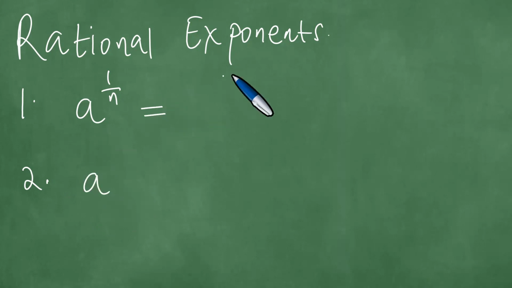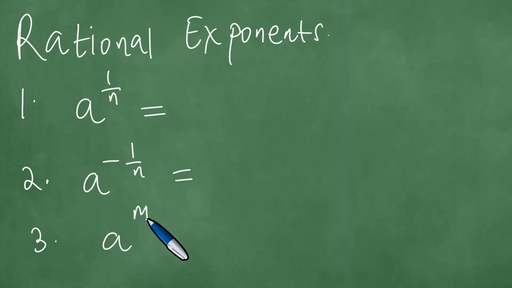Write this one with the radical sign. a to the power minus 1 over n is equal to what? a to the power m over n is equal to what?